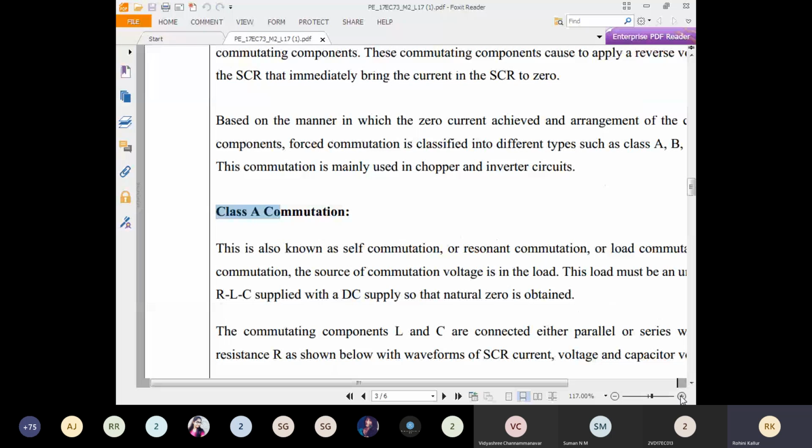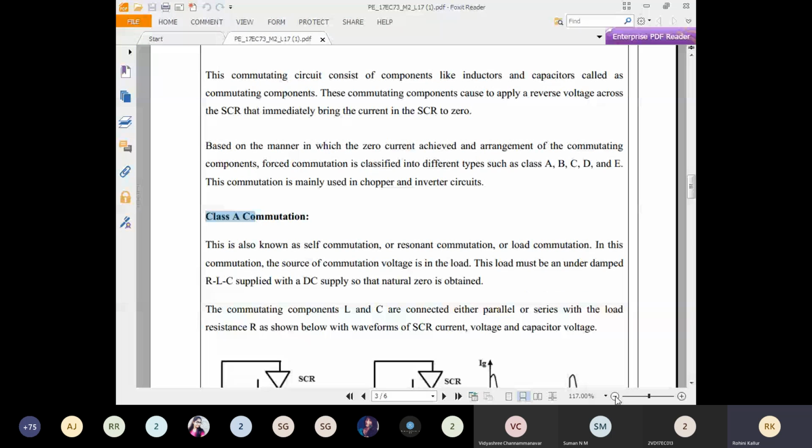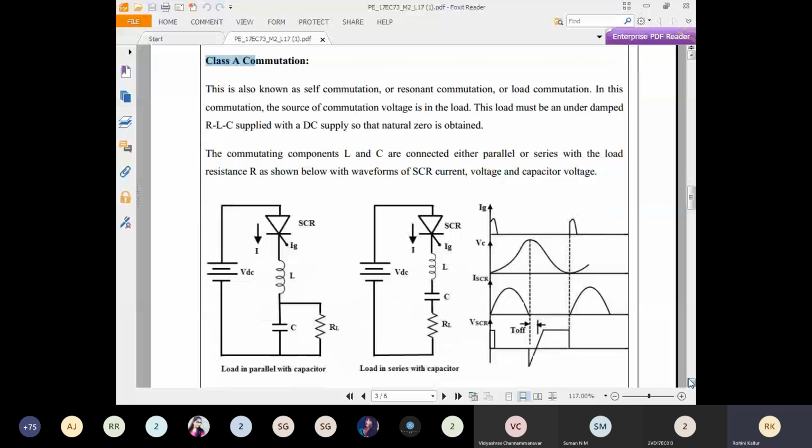In this class A commutation, this is called self commutation, or also resonant commutation or load commutation.